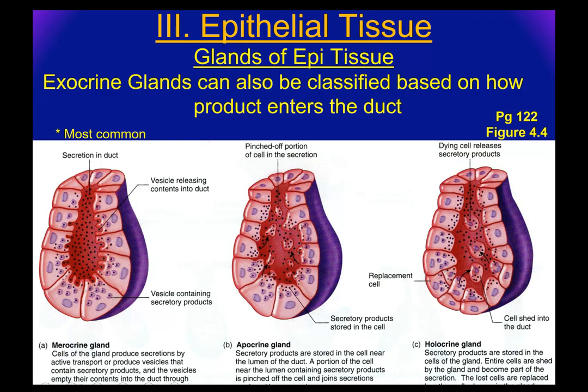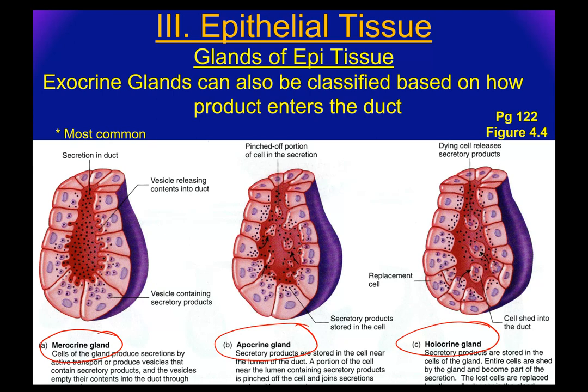All right. So, how do exocrine glands work? How do we get product into that lumen, into that tube? We've got merocrine glands, we've got apocrine glands, and we've got holocrine glands. Okay? The product that they make and how they get it into that lumen, into that space, is how I'm classifying them.